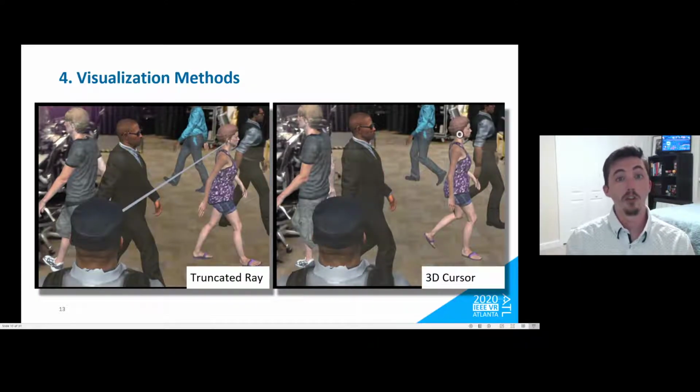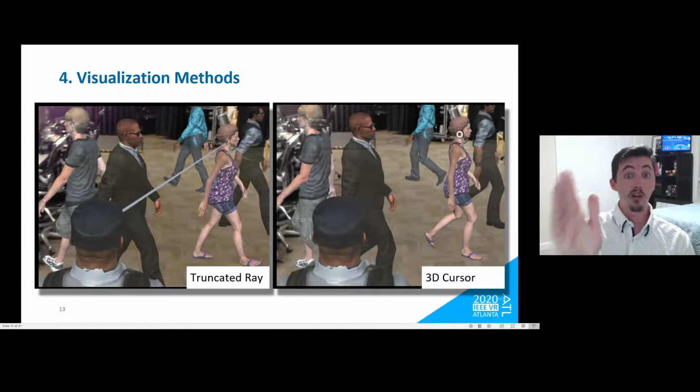We have 2 different visualization methods which we investigate. The first is the truncated ray, which is a ray that starts from the partner's head and extends forward from there until it collides either with the target or with something between the partner and the target.